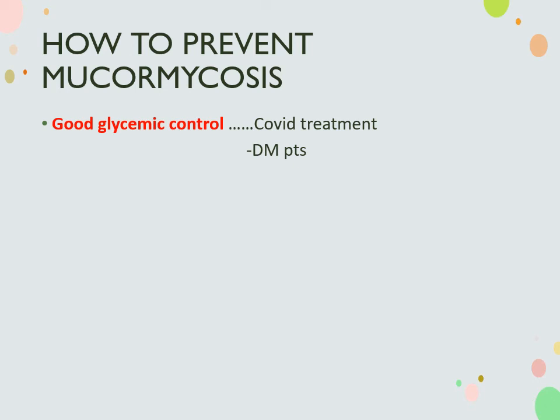We neglect some patients because we think the patient is young and did not have diabetes before the infection, but it has been seen that even those who are at home with proper oxygen levels have a rise in sugar level. So we have to monitor the sugar level in all patients infected with coronavirus.